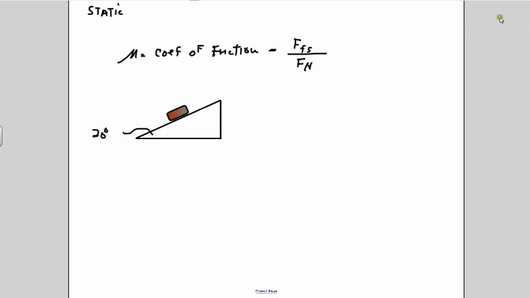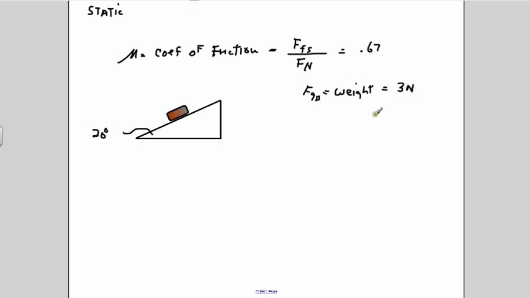And as before, we're going to say the coefficient of friction, as we figured out in the last segment, was 0.67. No units on this. And we're also going to say the weight of the block, the force of gravity of the block, which is equal to the weight, is still equal to 3 newtons.